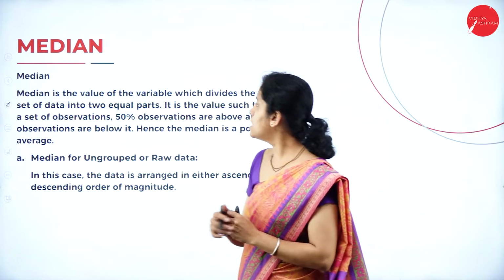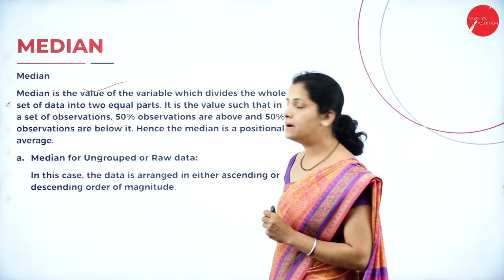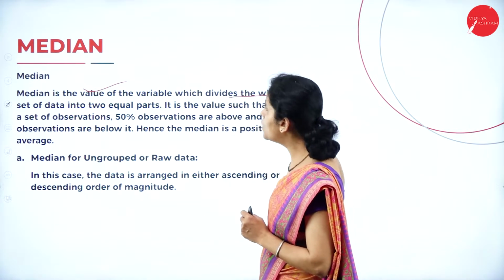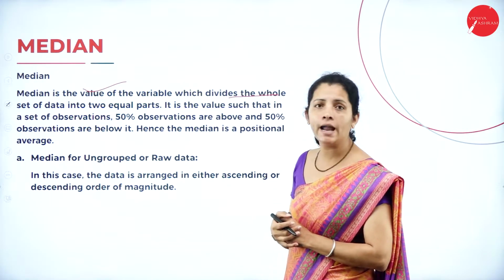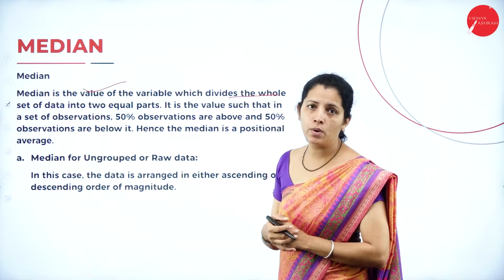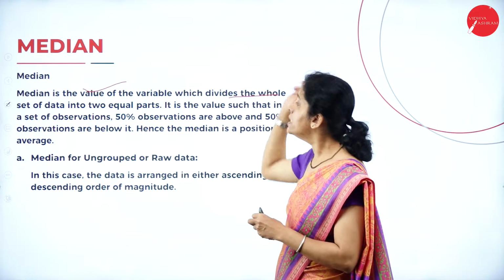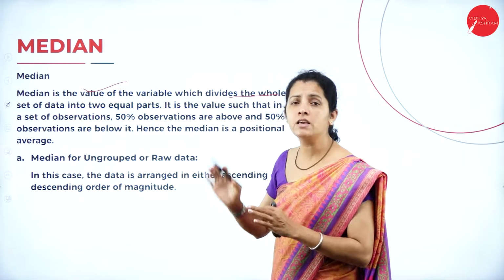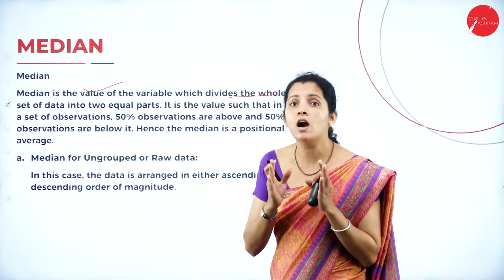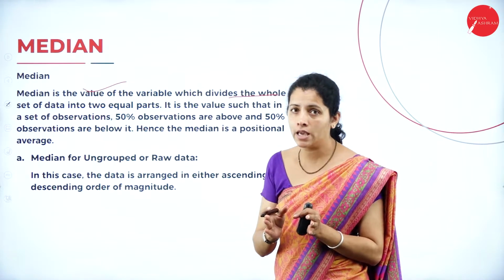A median is the value of the variable which divides the whole set of data into two equal parts. In the sense, it's mainly used to find the mid value of the observations or variables.